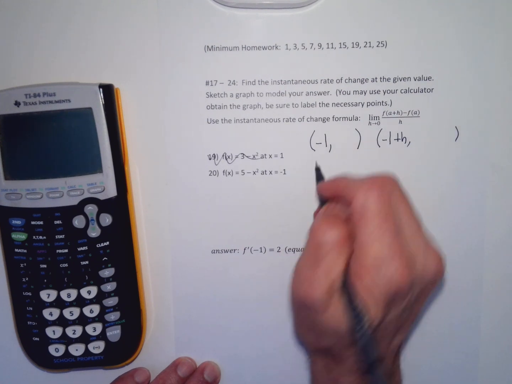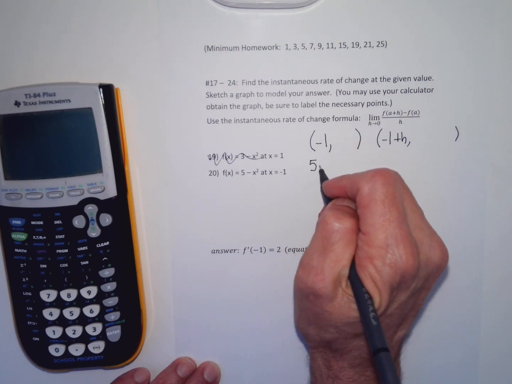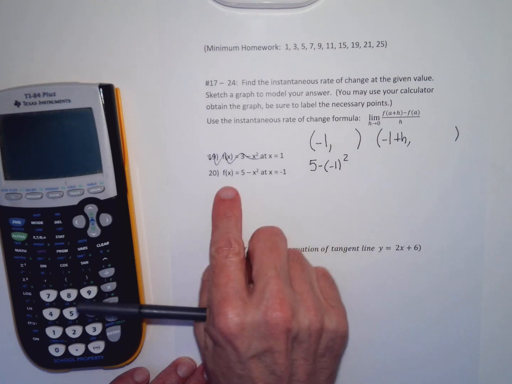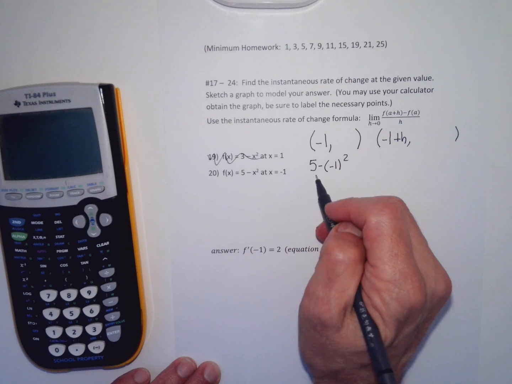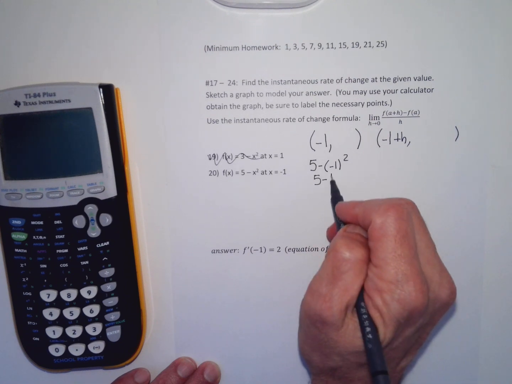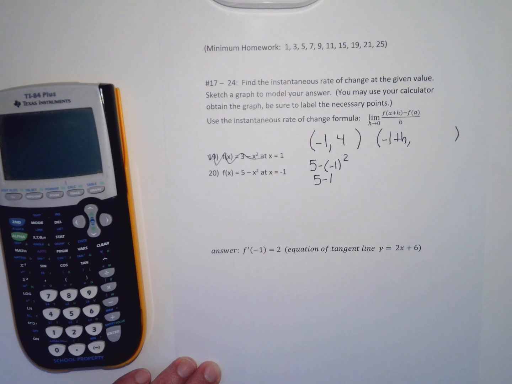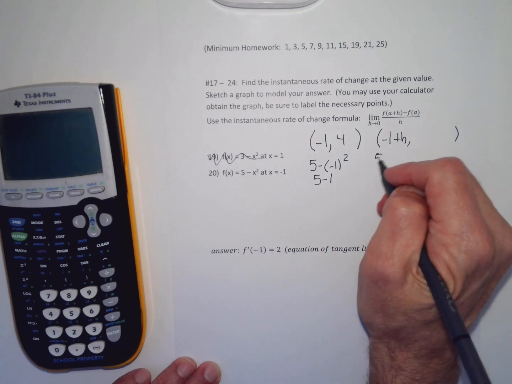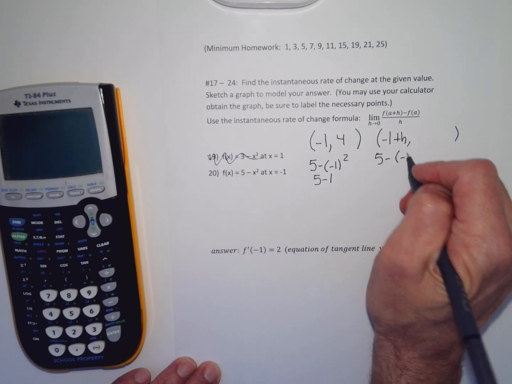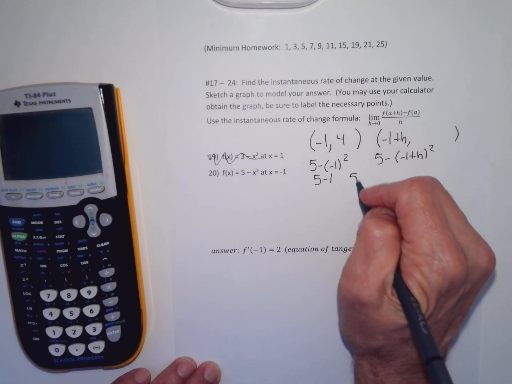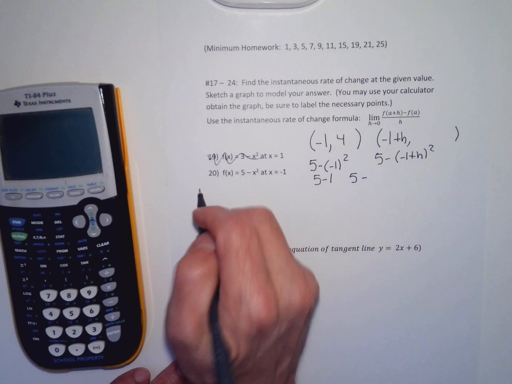First point, its y. I'll be lazy here and get cheap on my notation. Its y is 5 minus negative 1 squared. Negative 1 squared is positive 1, so that's 5 minus positive 1, which is 4. For the next one, it's 5 minus negative 1 plus h squared. That's 5 minus, and let me do this off to the side.